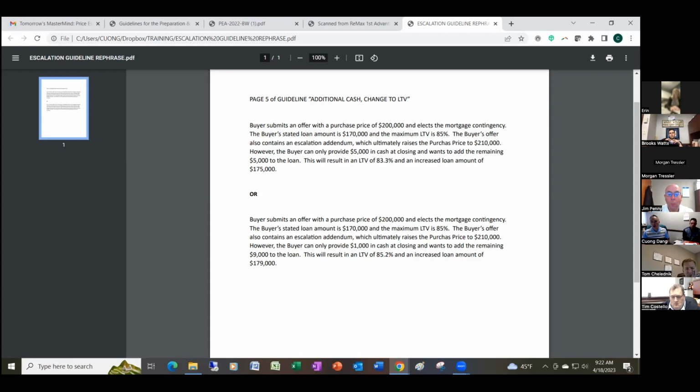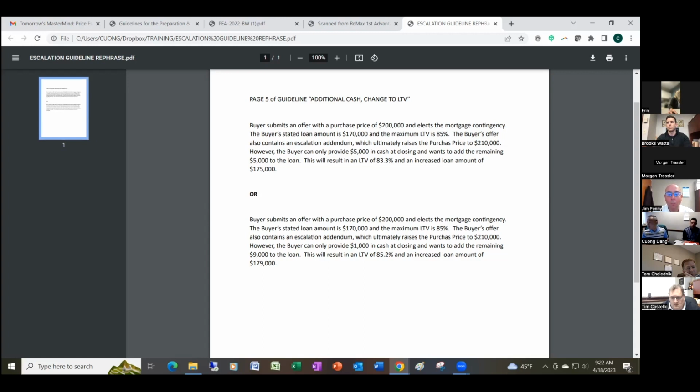However, the buyer can only provide $1,000 in cash at closing and wants to add the remaining $9,000 to the loan. Okay, so if you think of it, $1,000 out of $10,000 is only 10%. That's not even the 15% that they agreed on the agreement of sale. So this will result in a loan to value of 85.2%. So it went up a little bit past the 85, and an increased loan amount of 179. Okay.